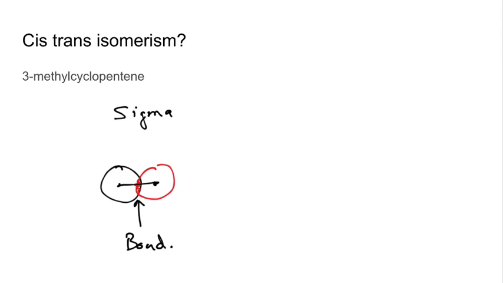What changes when we move to a pi bond? What is a pi bond made of? P orbitals, and there's 3 different orientations for p orbitals. When we talk about the pi bond, we need to now look at how it can overlap.